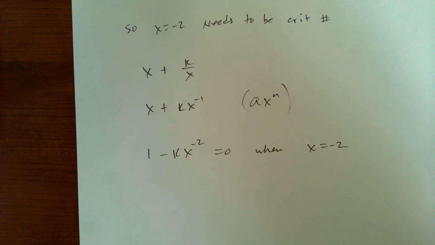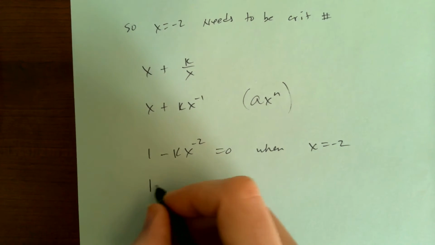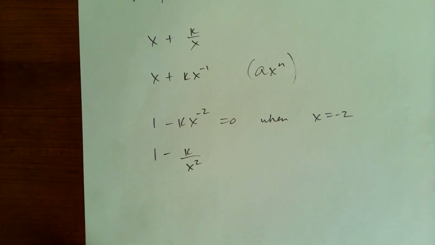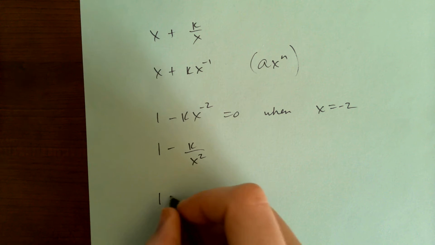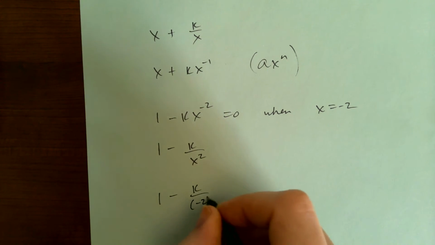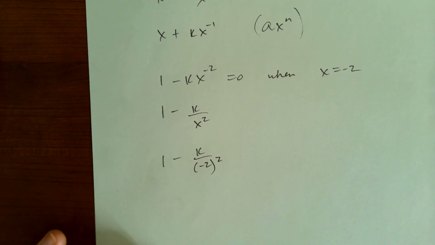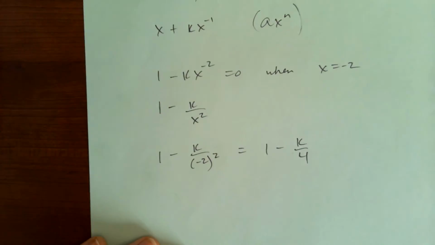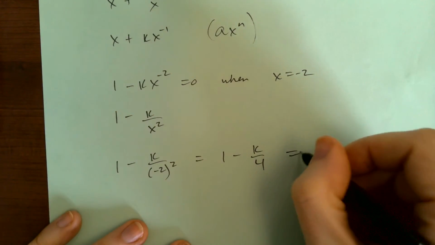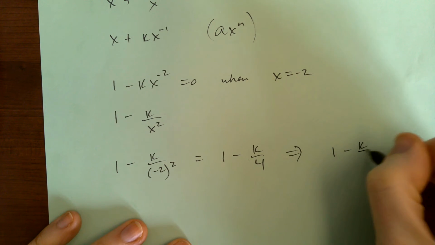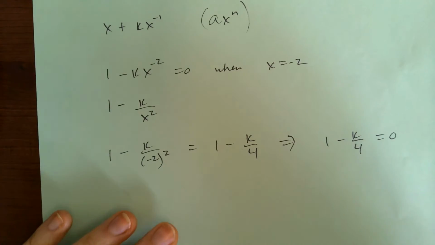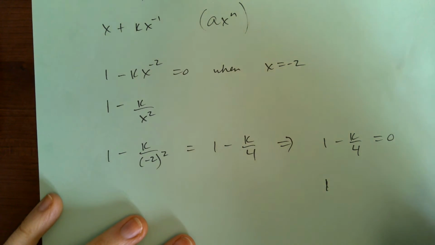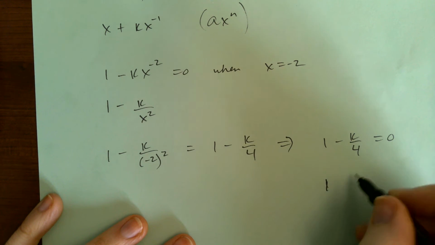So I'm going to put this back as a fraction, and I'm putting -2 in for x. So this is 1 minus k over 4. Well, then 1 minus k over 4 is going to be 0 when k is 4.